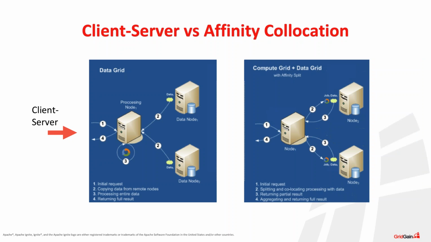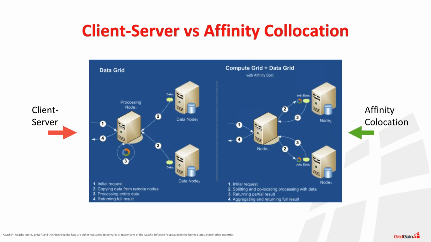But with the affinity collocation approach, we actually send the lightweight computations to the data, not the other way around, which seriously reduces network traffic, and which is very good from performance standpoint. Because in-memory is very fast, but network is very slow.